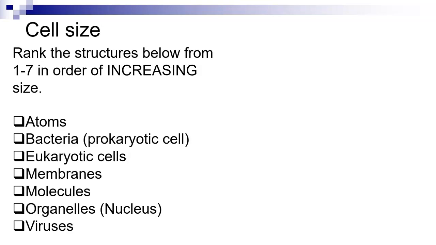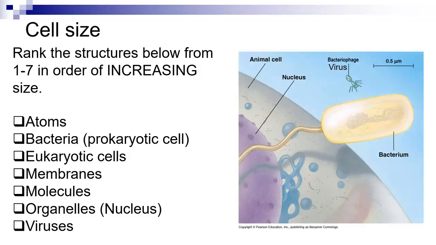So just to start thinking about sizes of living structures, I would like you to put numbers 1 through 7 on your note sheet in order of increasing size. So number 1 would be the smallest structure, number 7 would be the largest structure. Here's a diagram that might help you.